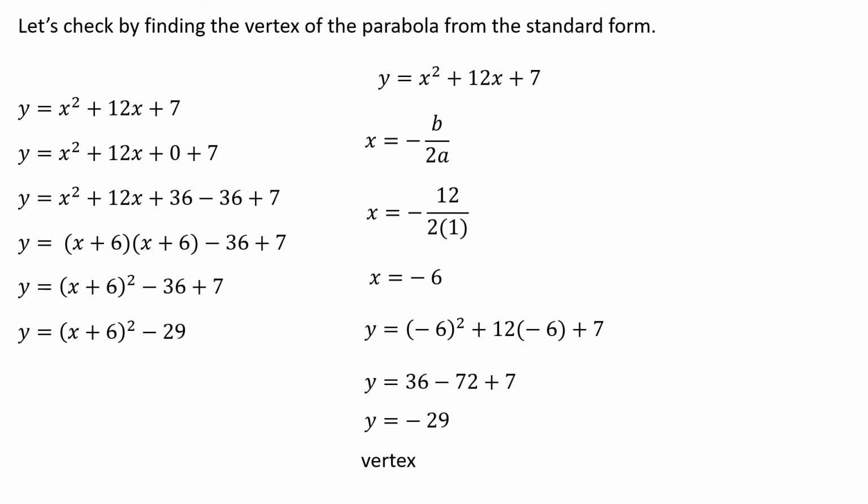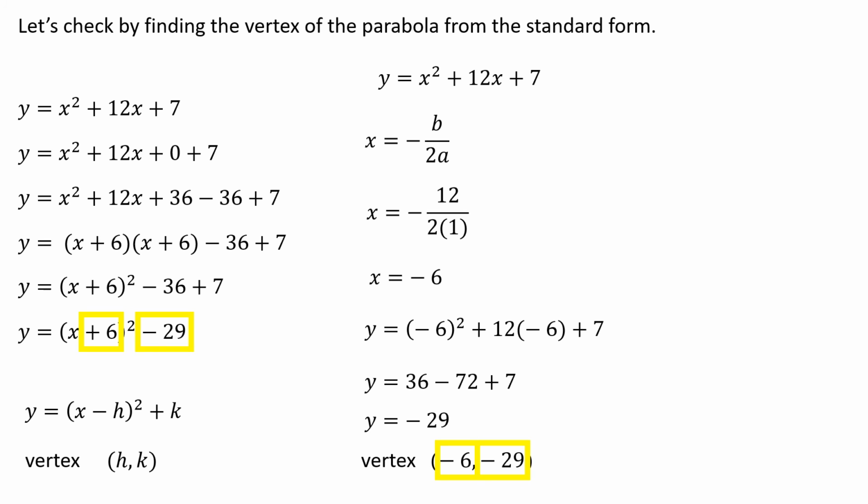And sure enough, if I do it the old-fashioned way, my vertex is negative 6 comma negative 29. And if I had used the vertex form, again, I would have found negative 6 for x, negative 29 for y. So it worked out.